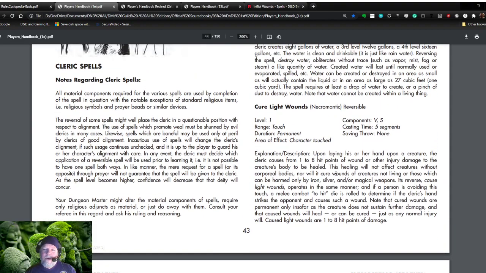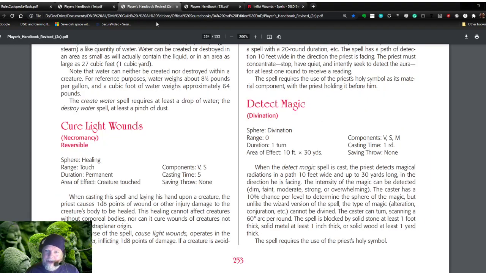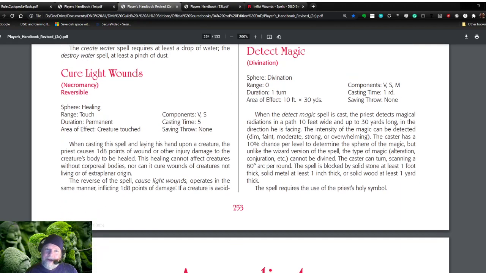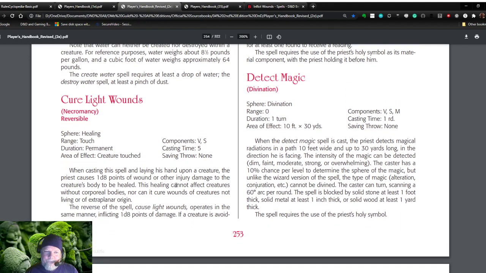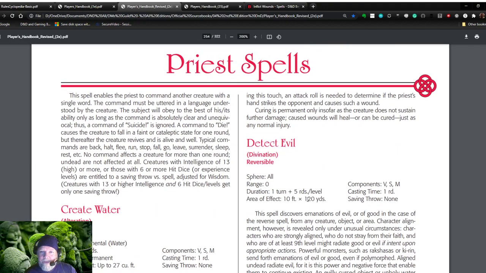Alright. Now, it didn't specify what I was going to say here in AD&D. I think we'll get to it in second edition, but let's see. When casting a spell and laying hands upon a creature, a priest causes 1d8 points of wound or other damage to the creature's body to be healed. It cannot affect creatures without corporeal bodies, nor cure wounds of creatures not living or of extraplanar origin. Cause Light Wounds operates in the same manner, inflicting 1d8 if the creature is avoiding.